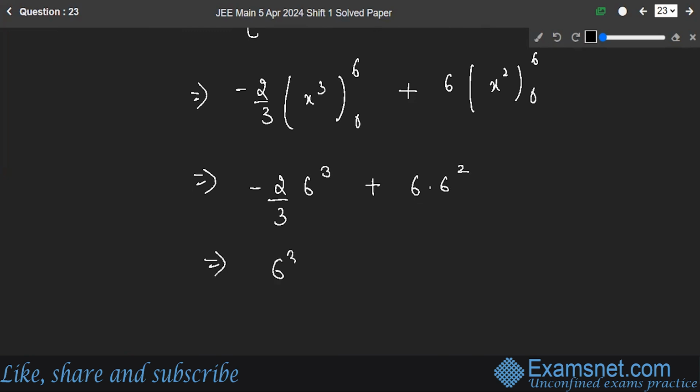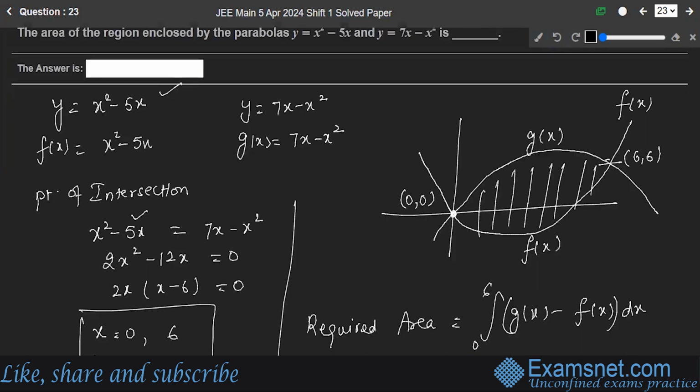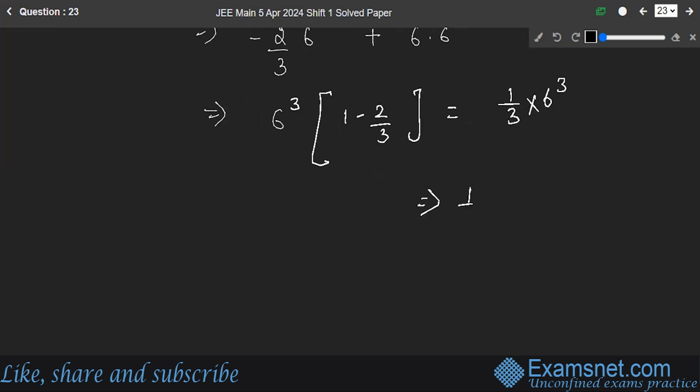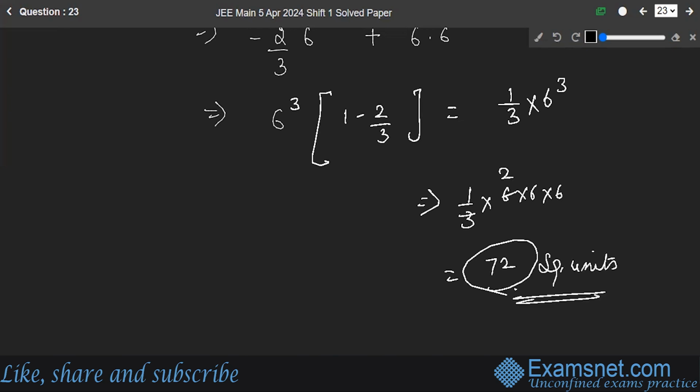So you have 6 cube common. 6 cube will be taken common, and this will be 1 minus 2 by 3, or this will be 1 by 3 into 6 into 6 into 6, which is 72. So 72 square units, this is the area.